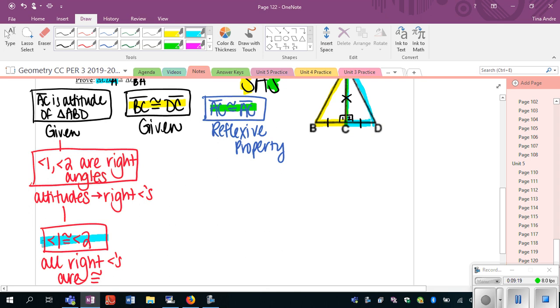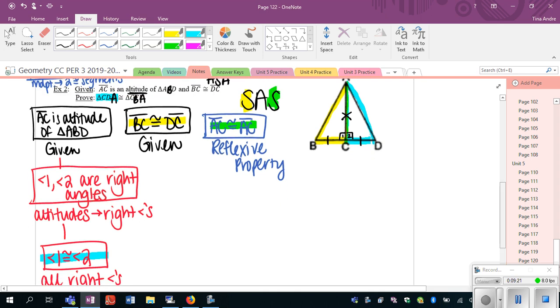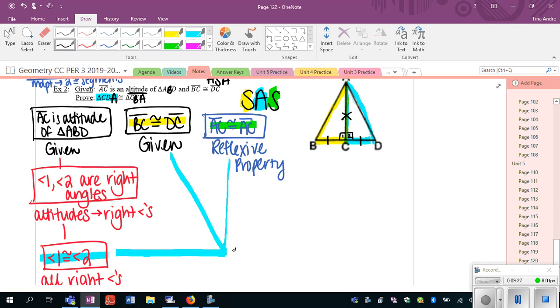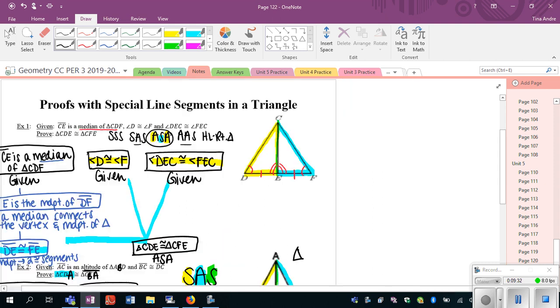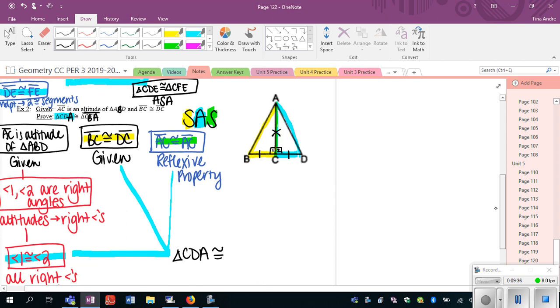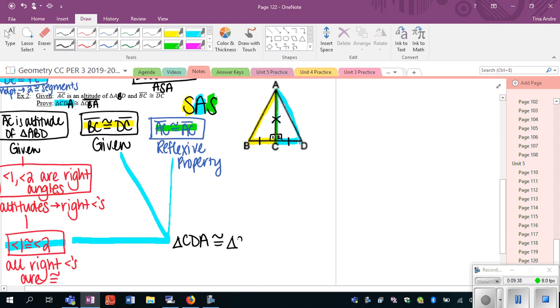This gives me the right angles congruent, which gives me the A for side angle side. So now with all 3 of these pieces, I can say triangle CDA is congruent to triangle CBA. And that's by side angle side.